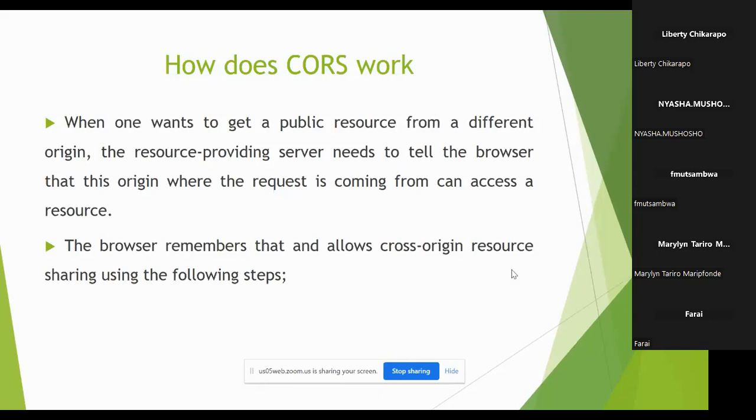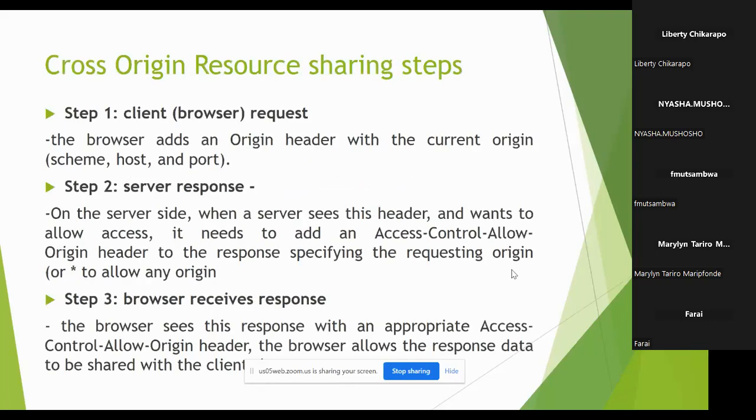The first step involves the client browser request. The second step involves the server response. Third step, the browser receives the response. I'll hand over the presentation to the next presenter.